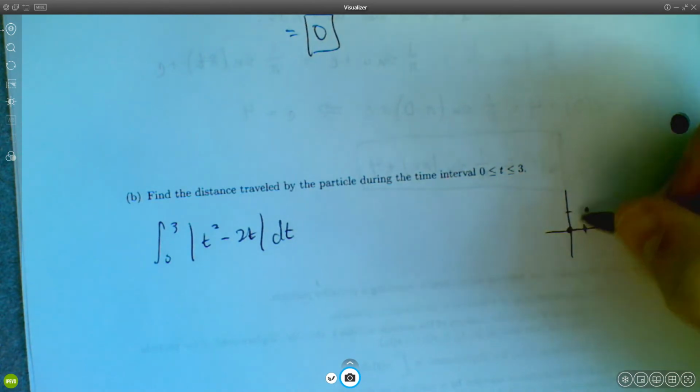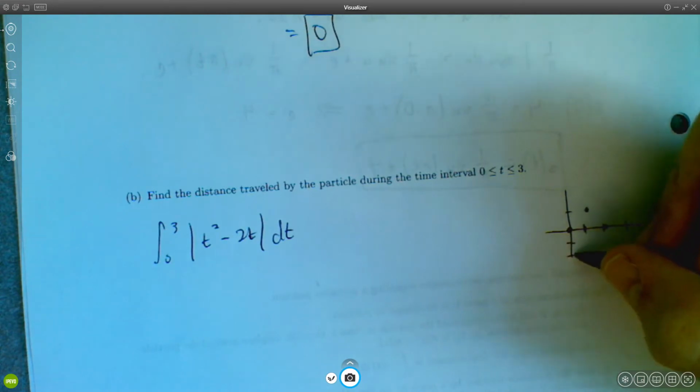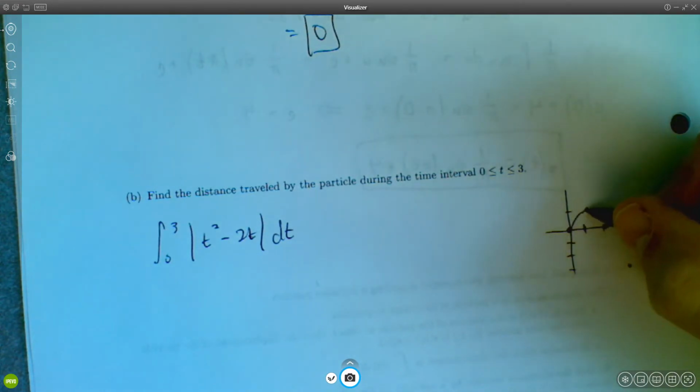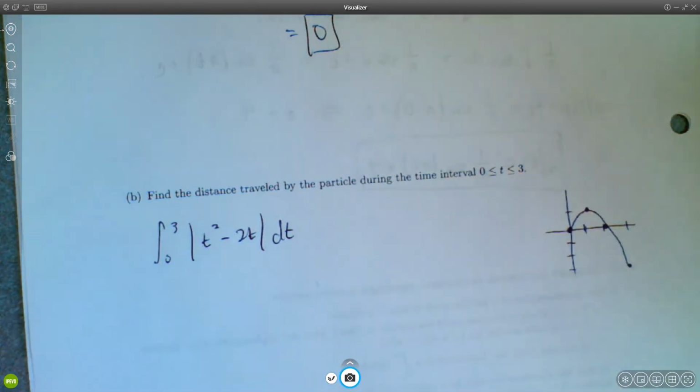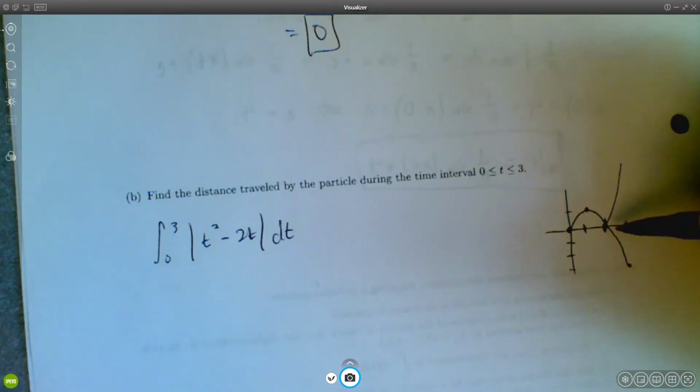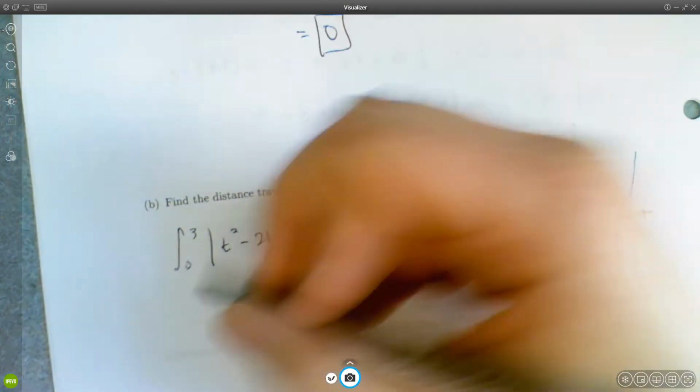Anyway, in fact, we can go down 1, 2, 3, 4, and that's where it's going to end up. So this is kind of what the graph of the function looks like. So what we want to do is reflect this so that it ends up going up like that. So we're going to negate this. Right, we're going to integrate this thing.